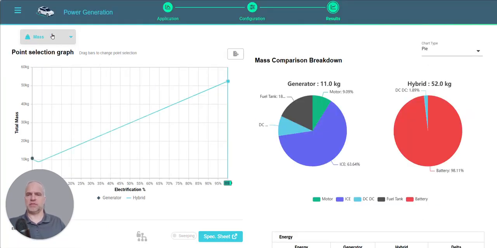So here we have the KPI of mass selected, and here's the generator configuration, which is 100% ICE, no battery, and this line that you see here is the hybrid configuration, which could be everything electrified up into and including 100% battery, no generator, no ICE generator on board, and really every increment of a hybrid in between.